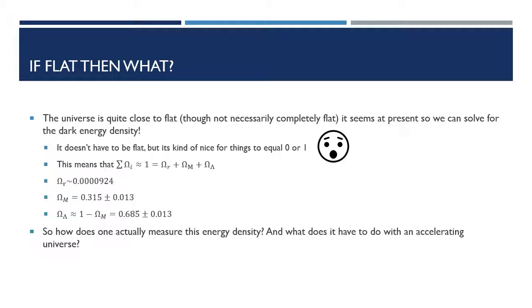And then what does that leave? Well, the remainder, 1 minus the fractional energy density of matter, is how much the energy density of dark energy is, excuse me, not dark matter, dark energy.